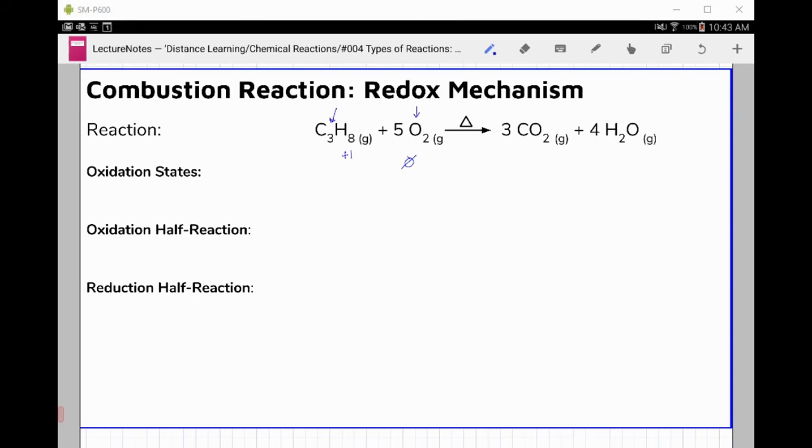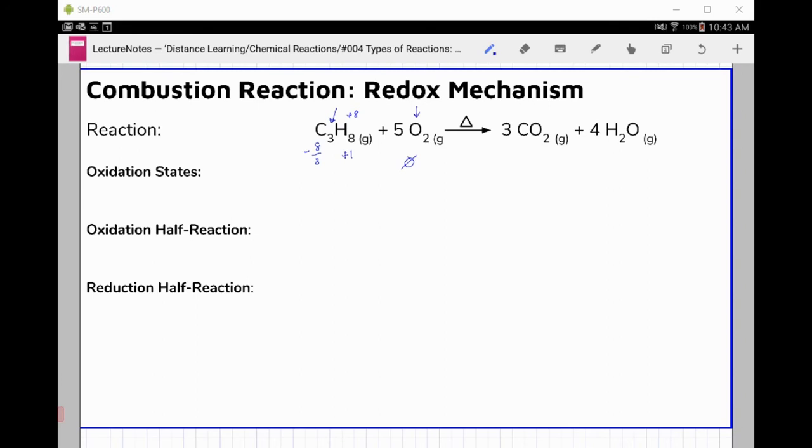So in total, because there are 8 of them, we have this 8 positive. Now because this compound overall is neutral, that means that that 8 positive charge must be getting canceled out by the 3 carbon atoms. So to do that, each of those carbon atoms, it's not going to be a whole number, but would need a -8/3 charge to balance it out.